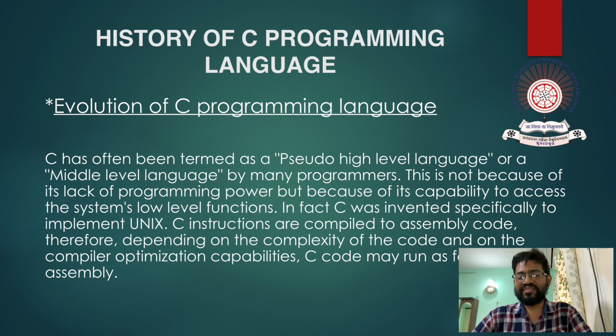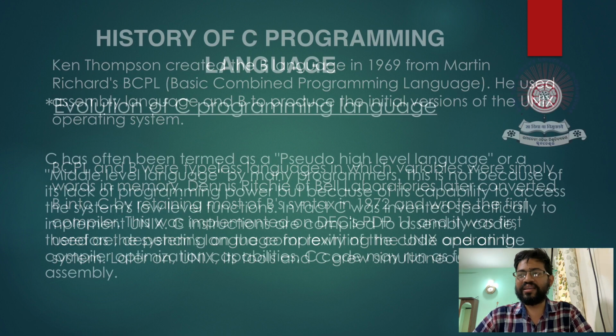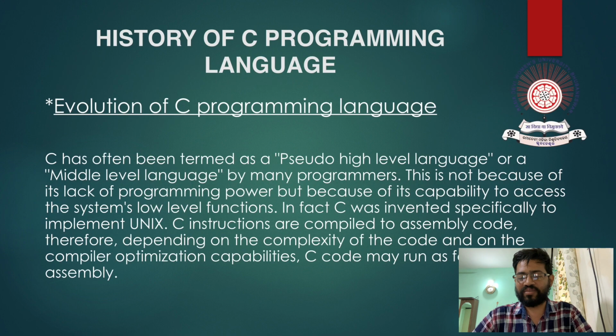C, although it is a high level language, compared to other programming languages is more compatible with the low level machine systems, which makes it faster. And also C is a basis for many other high level programming languages like C++.